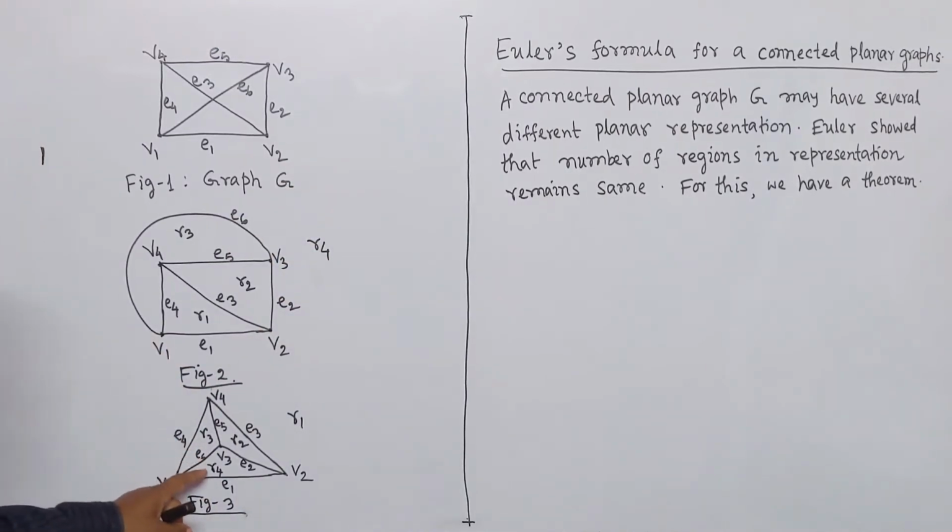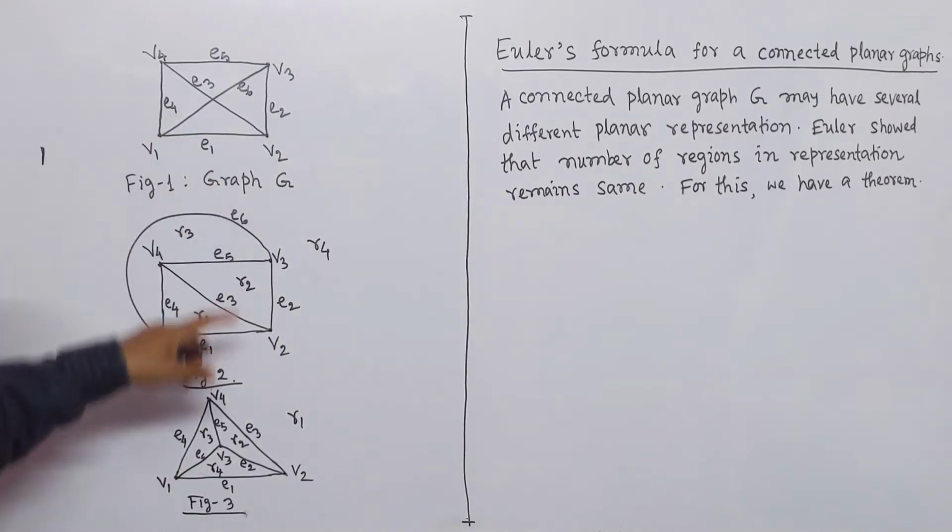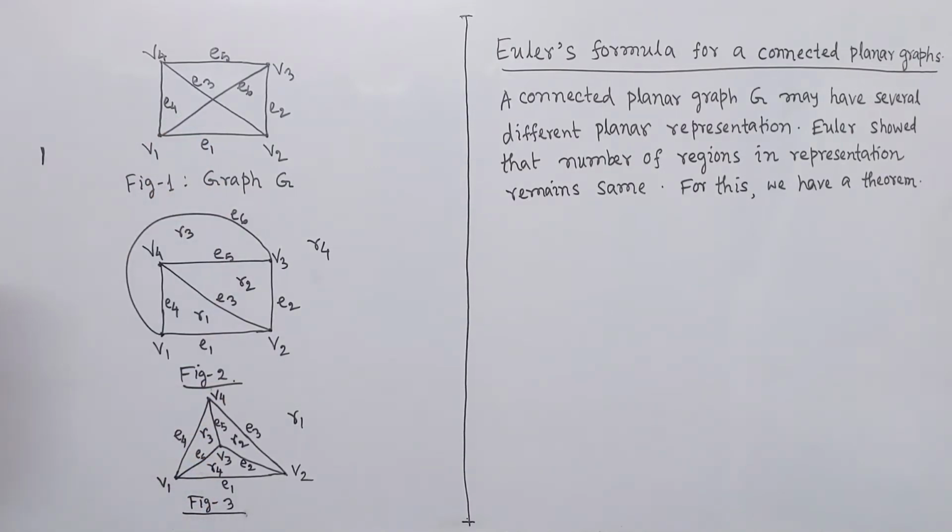In second kind of planar representation of the graph G in figure 3, we have vertices V1, V2, V3, V4 and edges E1, E2, E3, E4, E5, E6.